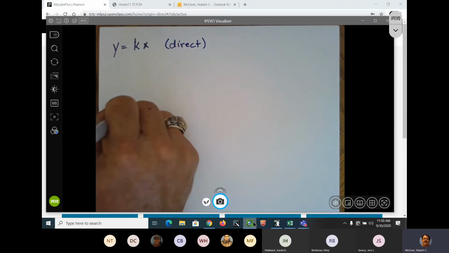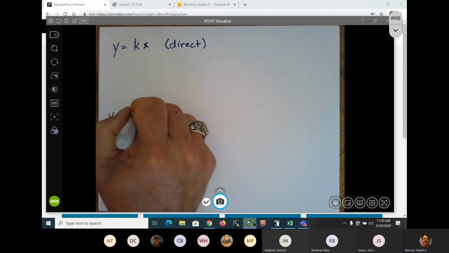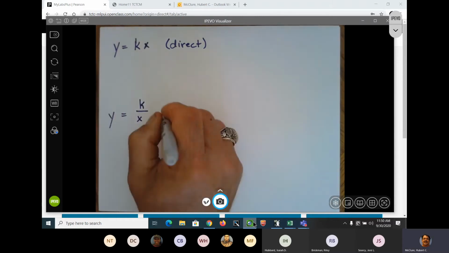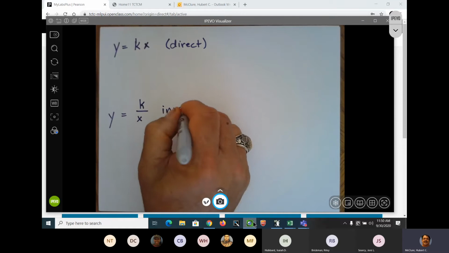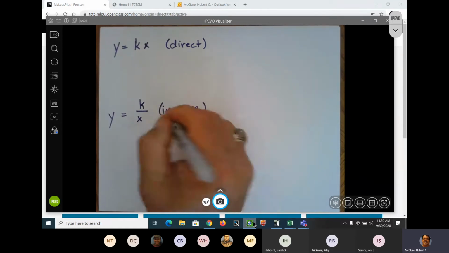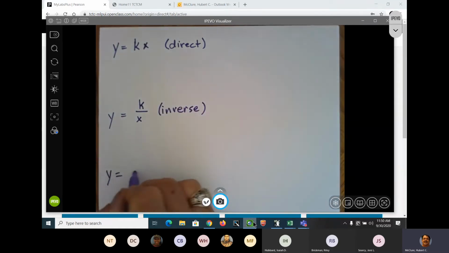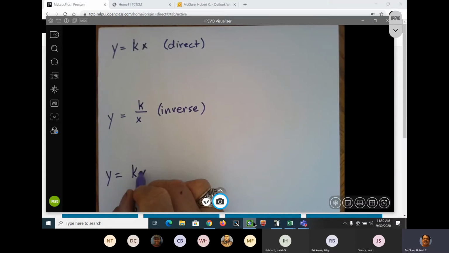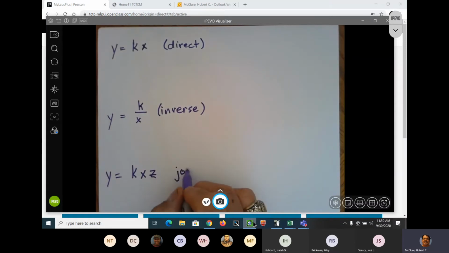Y is equal to k over x, and that's called inverse variation. And then y is equal to k times x times z, and that is called joint variation.